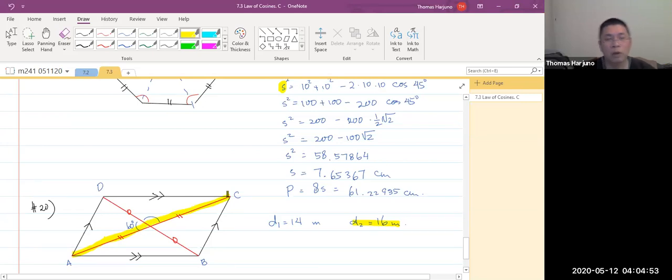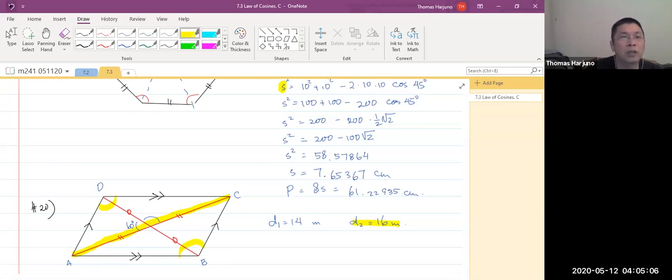The longer one will be the one opposite from more than 90 degrees. Okay, now the 14 corresponds to the shorter one.